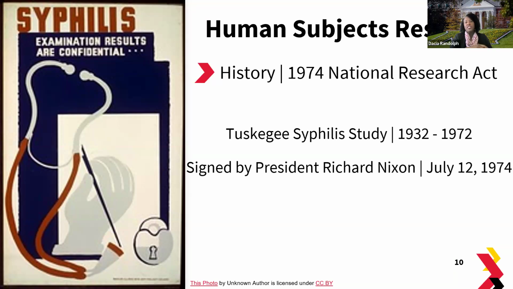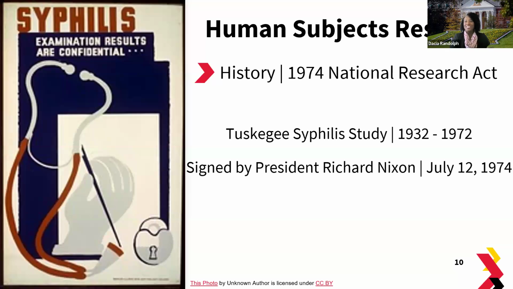First and foremost, with the signing of the National Research Act by President Richard Nixon in 1974, the National Commission for the Protection of Human Subjects of Biomedical and Behavioral Research was established as a direct result of the Tuskegee syphilis study. Just briefly, a review of what the study entailed.